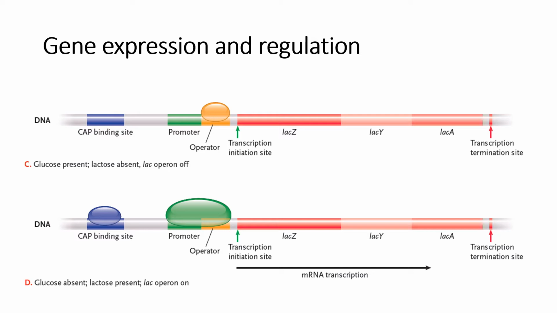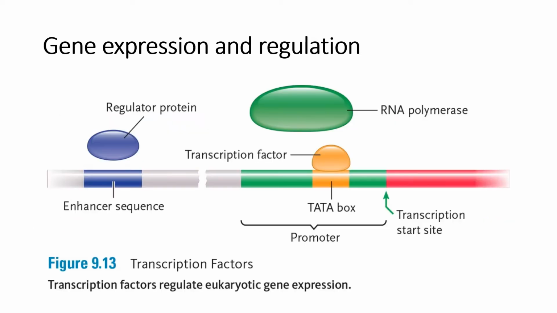Of course, that happens until the RNA polymerase reaches the transcription termination site, at which point the RNA polymerase will detach from the template strand, and we have our pre-mRNA that will go through post-transcriptional modification. Okay. These regulatory proteins are referred to as transcription factors. All right, so these can either initiate, promote, or repress transcription.